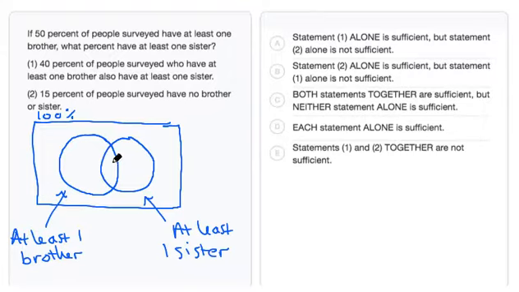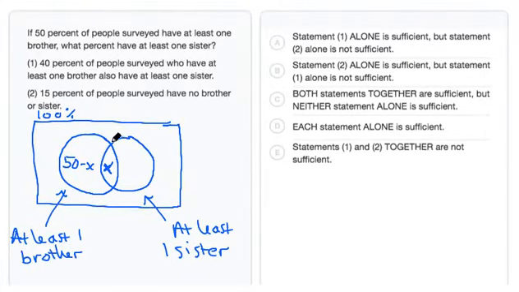Let's call that X. We then know the total percentage of people that have at least one brother is 50%, so the portion that have only a brother would be 50 minus X. We can then give a variable name to the people that have at least one sister but don't have at least one brother, and that would be Y. Considering the 100%, the people that have neither a sister nor a brother we can represent as 50 minus Y.